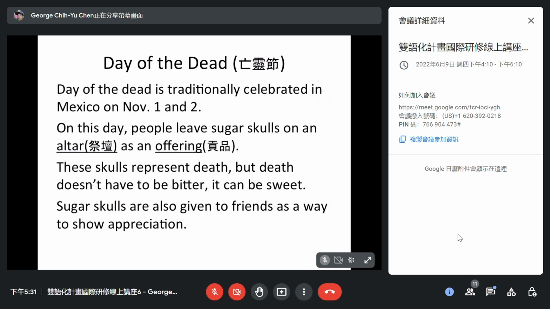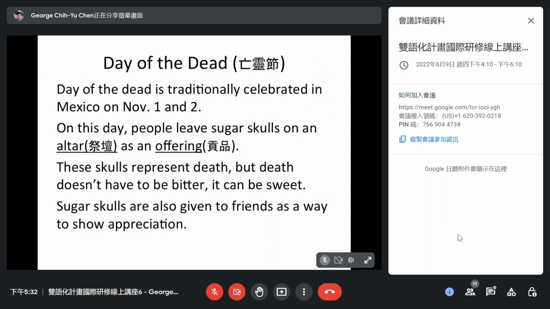But in Mexico, it's on November 1st and 2nd. On this day, people leave sugar skulls on an altar as an offering. And sometimes these skulls are decorated with the names of the loved ones who have died.